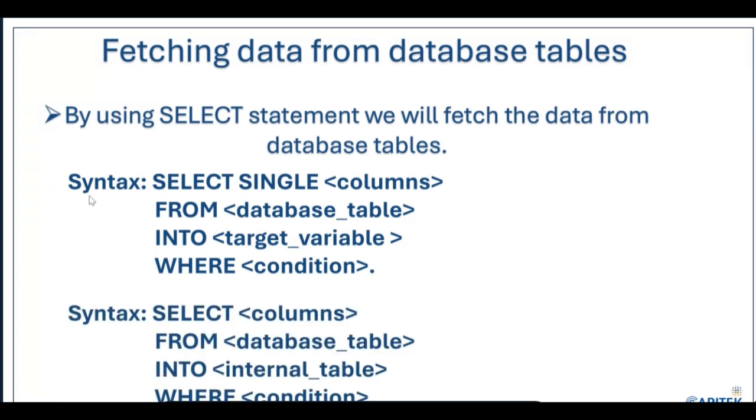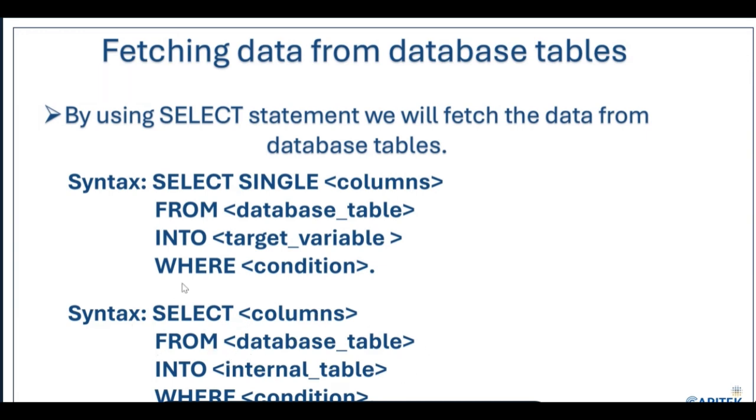Similarly, if you want to fetch multiple records, then you will say SELECT your columns. You can say SELECT columns or you can say SELECT star also. It's up to you. When you say columns, column A, column B, column C, column D, you mention only the specific columns you want, and if you want all the columns, you will say SELECT star. Then FROM your database table.